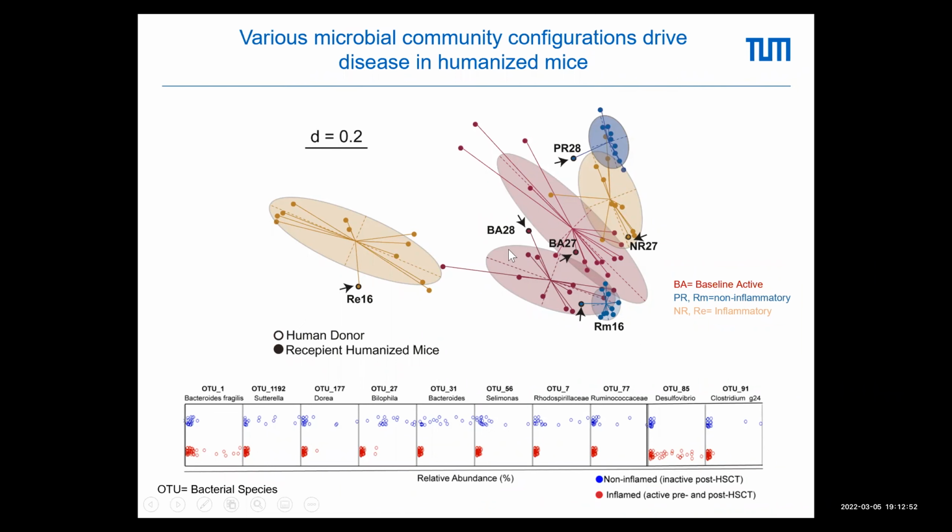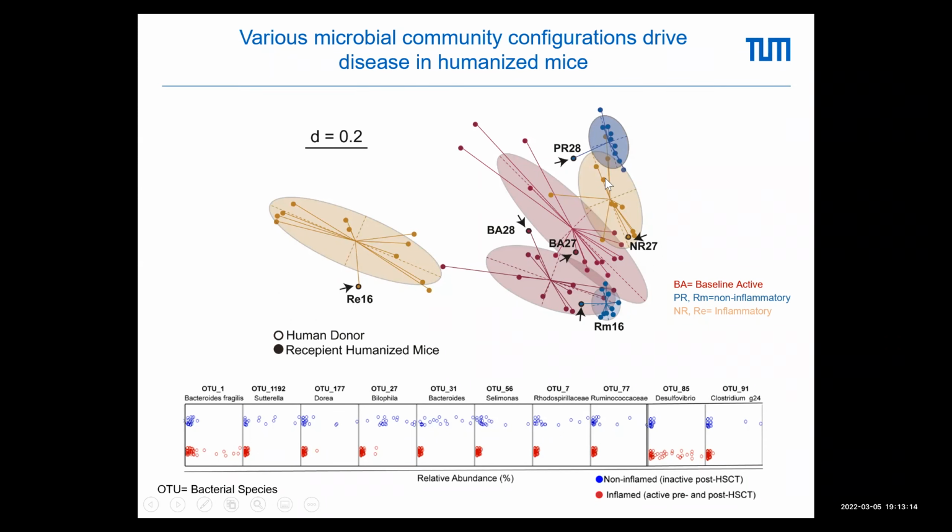What you can see here is that the arrows indicate the human donor, and in these circles you have all the germ-free mice which received gut microbiota from this one donor. The mice which received one microbiota are always closer to their original donor. And this is the first conclusion.